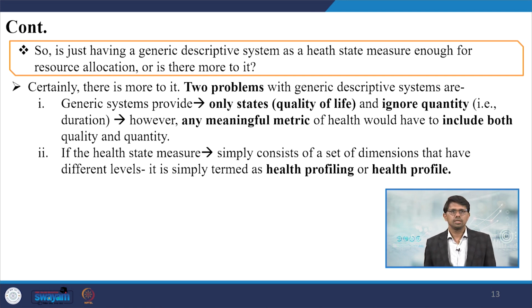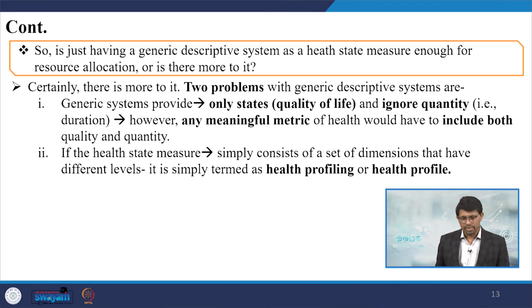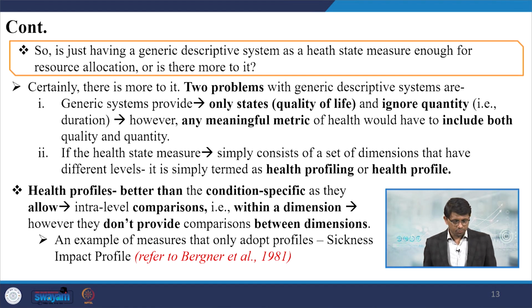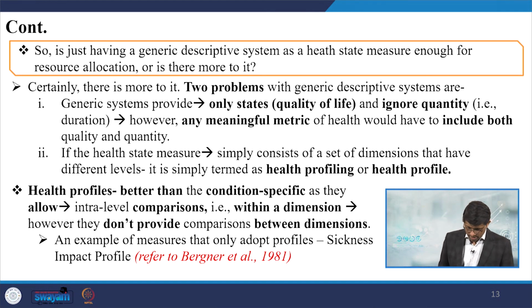If the health state measure simply consists of a set of dimensions that have different labels, it is termed health profiling or a health profile. Health profiles are better than condition specific measures because they allow intra-level comparisons within a dimension, however, they do not provide comparisons between the dimensions.